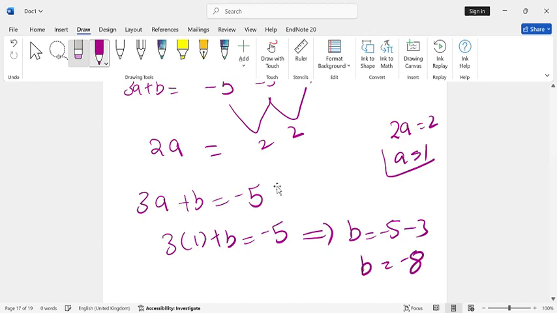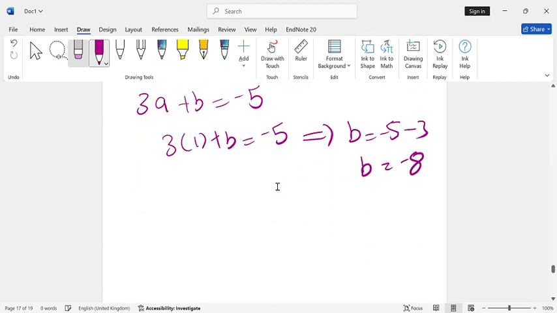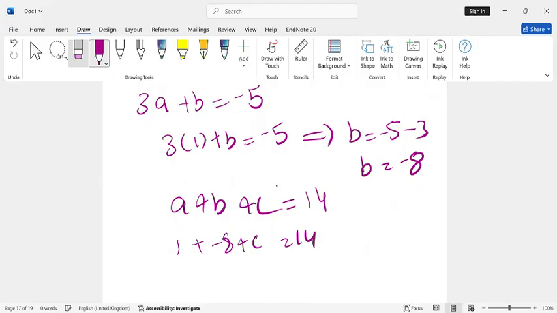Now, if you put the values of A and B in another equation, which is A plus B plus C equals 14, we have A is 1 and B is minus 8, and you can easily find the value of C. So C becomes 14 plus 7, which becomes 21. So you have A equals 1, B equals minus 8, and C equals 21.